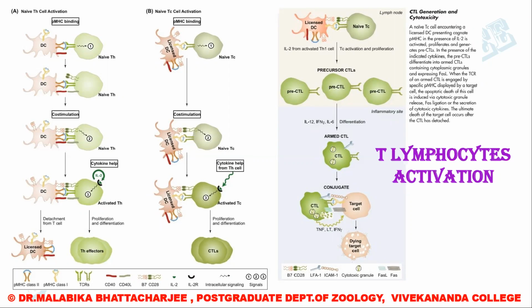Thus, when the CD40 ligand of the T helper cells engages with the CD40 expressed by the dendritic cells, it is then that the dendritic cells greatly increase their expression of B7, and thus its binding to CD28 on the T helper cells.